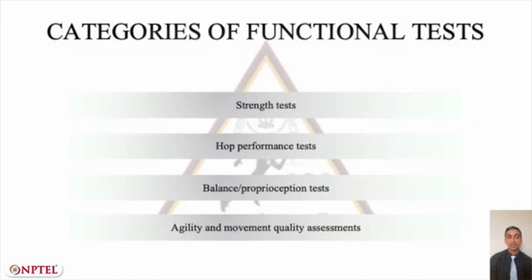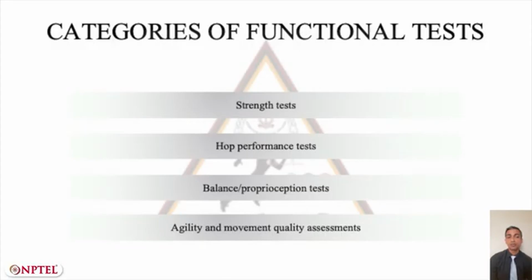First among them is strength test. Strength test is used to measure quadriceps and hamstring strength and compares it to the uninjured limb. We can also use it to measure the strength of the adductor muscles and the abductor muscles.